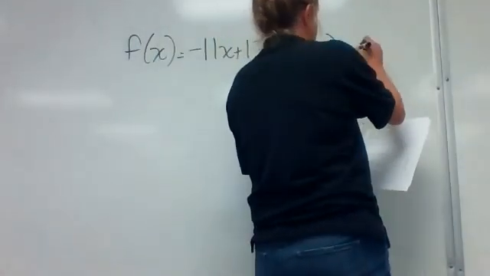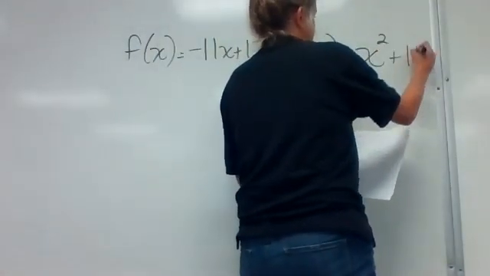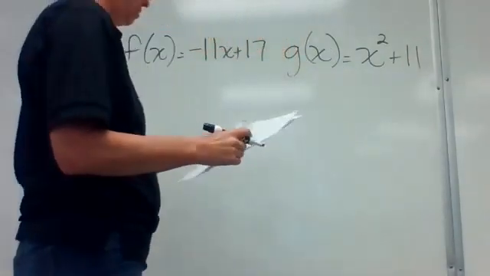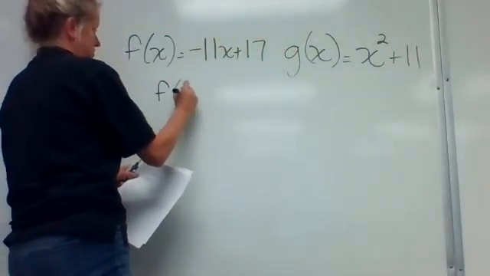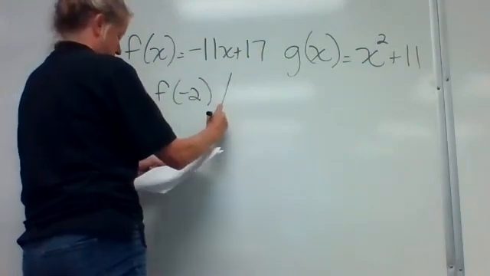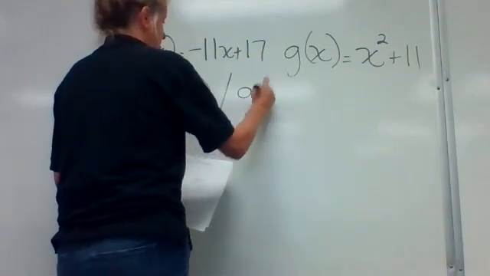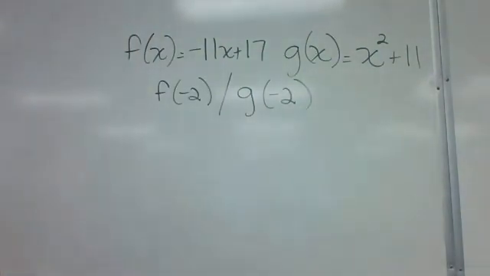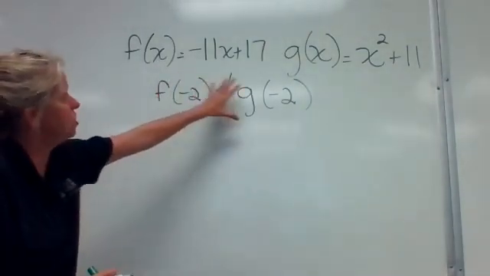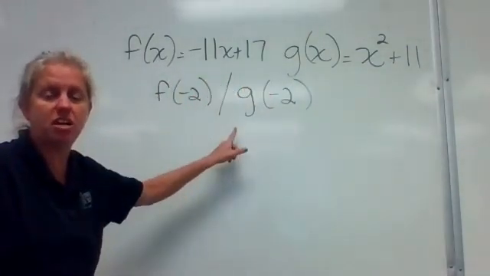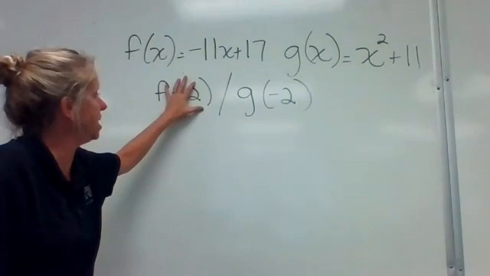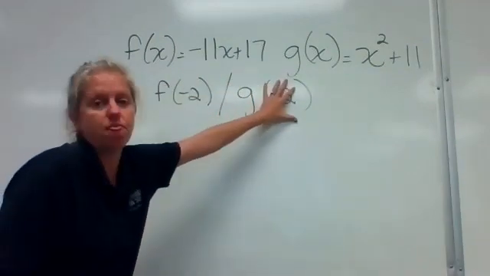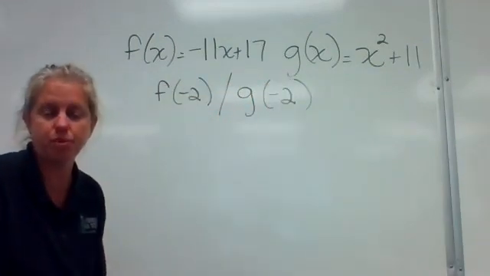G of x is x squared plus 11. Same thing. I'm going to find f of negative 2 and g of negative 2, and then I'm going to divide them or put this answer over this answer and see what I get.